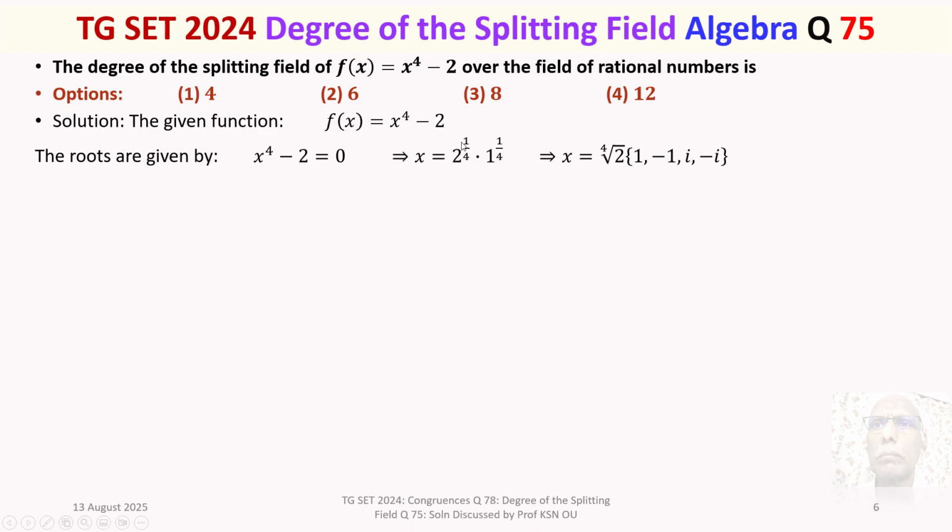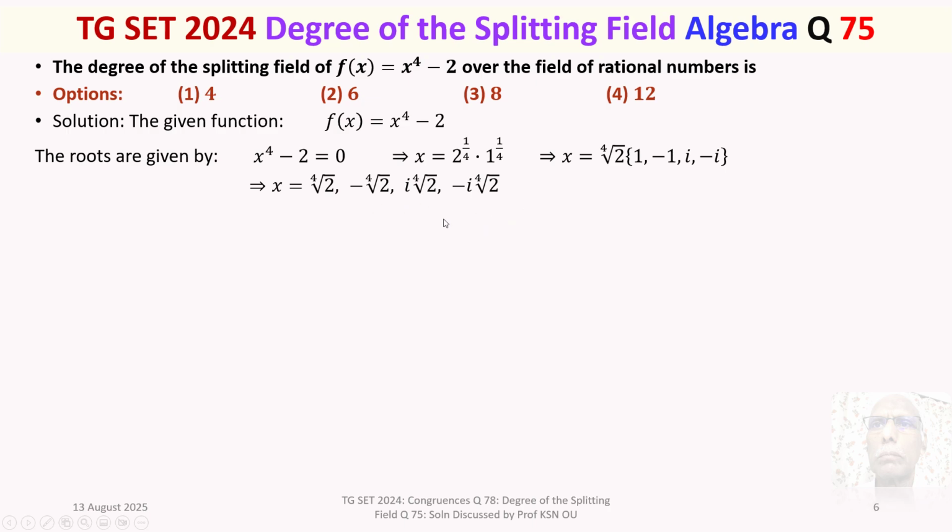That is, the fourth root of 2 times the fourth roots of unity, which are 1, minus 1, i, minus i. Therefore, the roots are the fourth root of 2, minus the fourth root of 2, i times the fourth root of 2, and minus i times the fourth root of 2. These are the 4 roots.